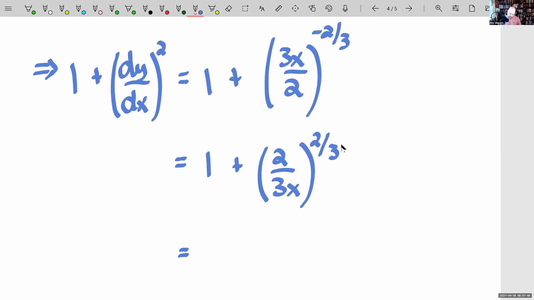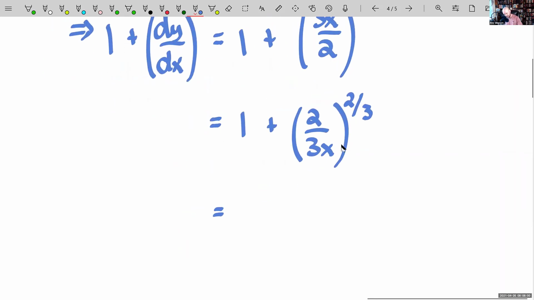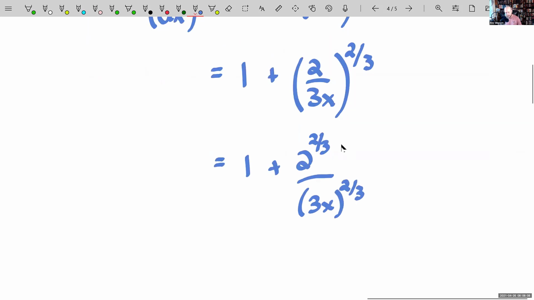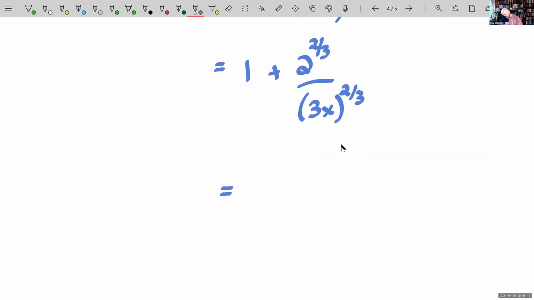Maybe, is there a better way to go about that? Well, not really. 1 plus (2 to the 2/3) over quantity (3x) to the 2/3. Get a common denominator.